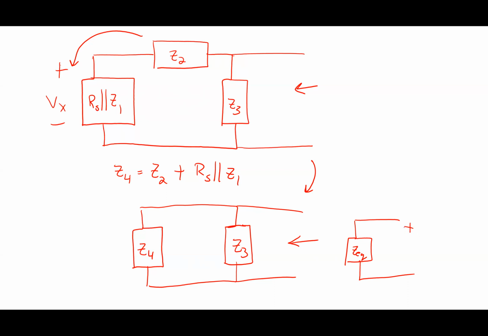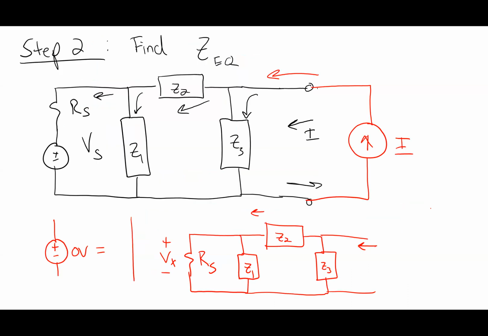And from the perspective of the terminals, that's the important thing. From the perspective of these terminals, the voltage and the current at these terminals is exactly the same as the voltage and the current at these terminals. So that's why the circuit's equivalent, right? That's why we use that term.